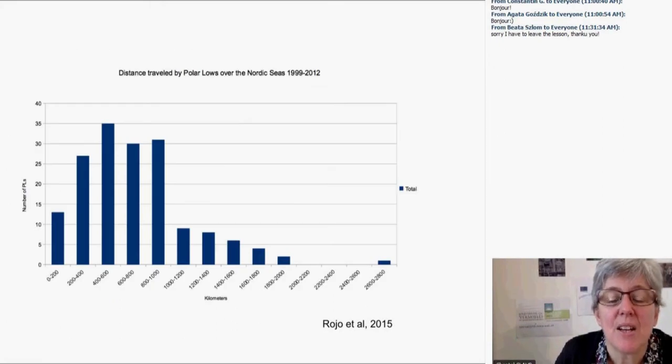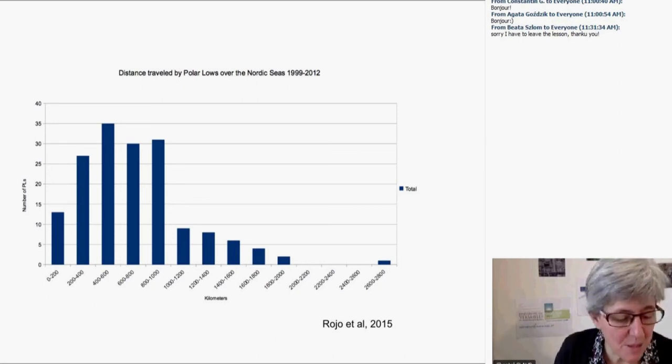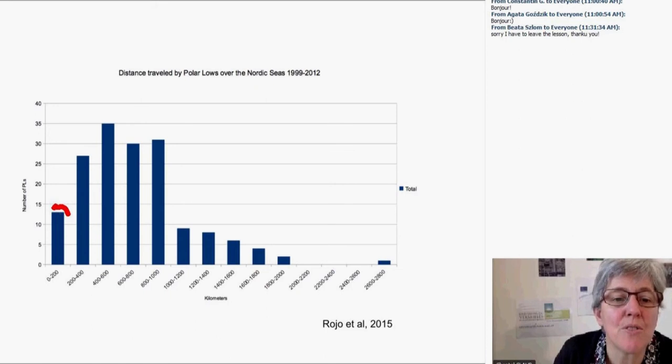Based on these trajectories, my student has also looked at the distance traveled by polar lows between the birth of the polar low and the end of the polar low. Again, we have this distribution which indicates that most polar lows travel between, let's say, 200 and 1,000 kilometers.